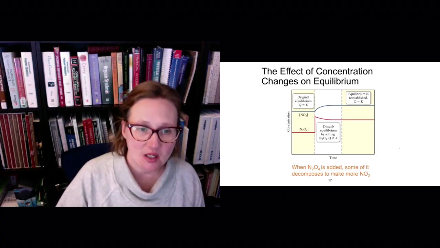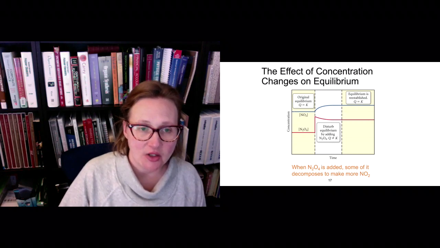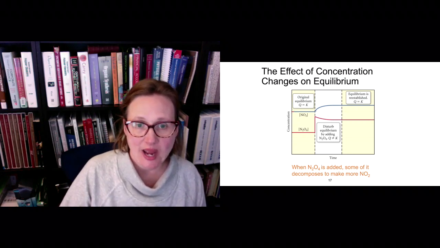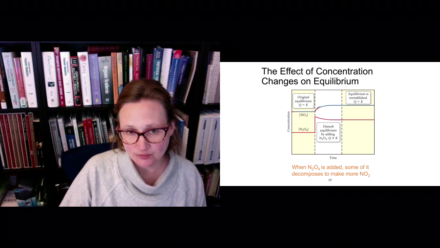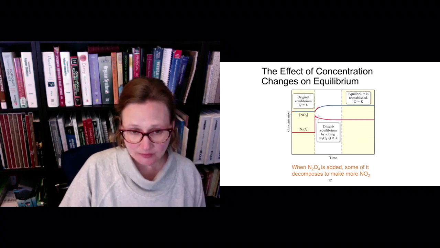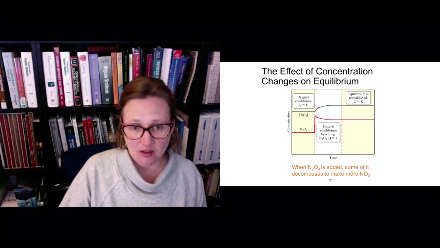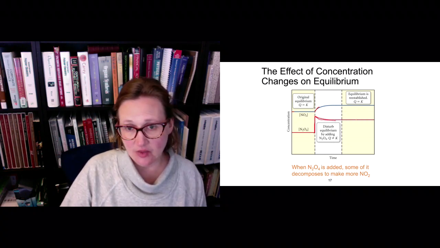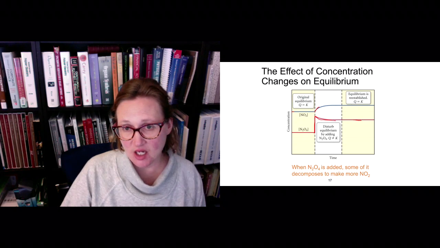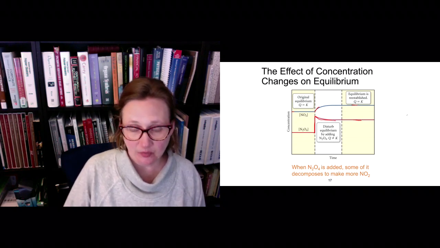All right, so initially we had Q equal to K here, so we're at an equilibrium. We added in the NO2, so the NO2 increased, and the NO2 that we added in is going to decrease over time, and eventually we get to the same equilibrium, okay?